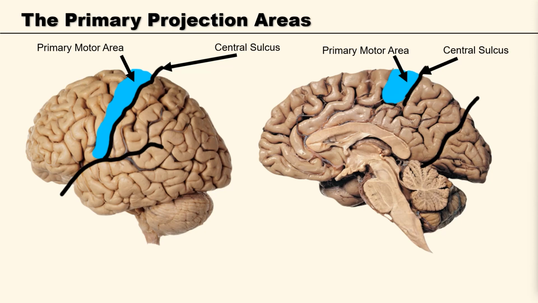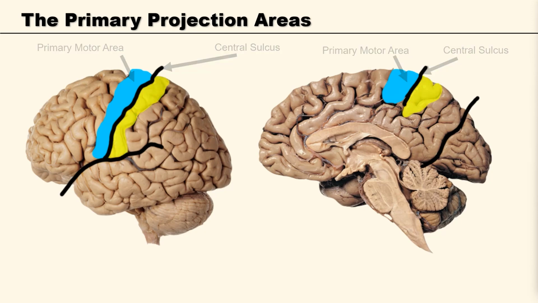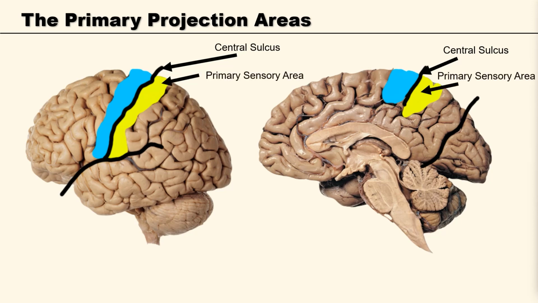Located behind the central sulcus is the primary somatosensory area of the brain. Due to its location, this is called the post-central gyrus. It makes sense that the primary somatosensory area of the brain is located very close to the primary motor area of the brain, because our movement is largely linked to what we experienced before.